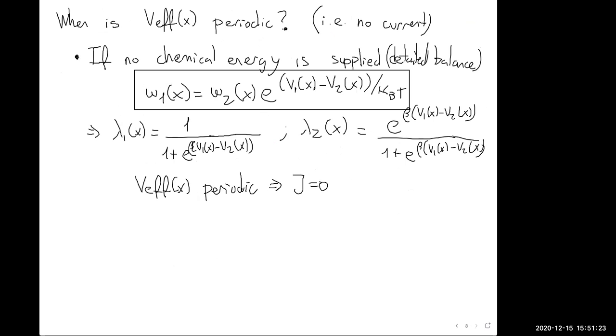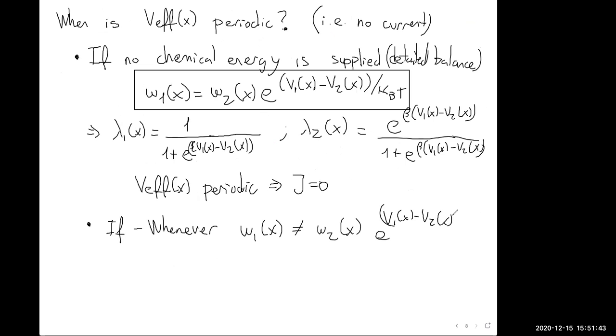This comes to the question of bodies. So you need chemistry. Whenever, any time that omega 1 of x is different from omega 2 of x times e to the (V1 of x minus V2 of x) over kBT, there will be currents.